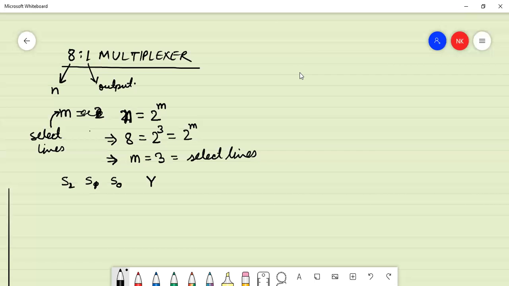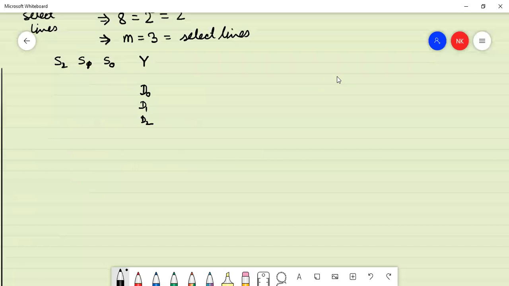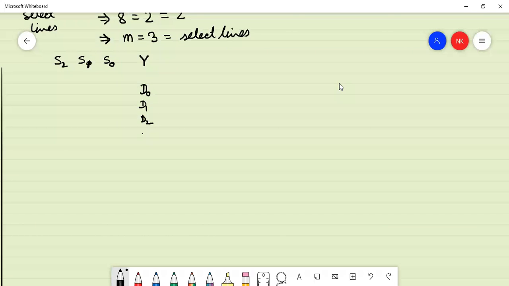If we are taking the data as D0, D1, D2, D3, D4, D5, D6, D7, so from D0 to D7, based upon this combination of S0, S1 and S2, we will have the outputs.